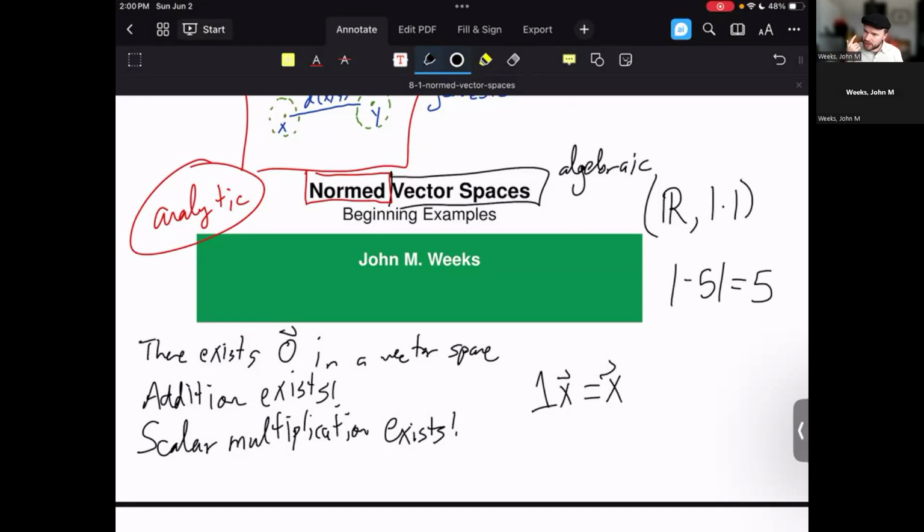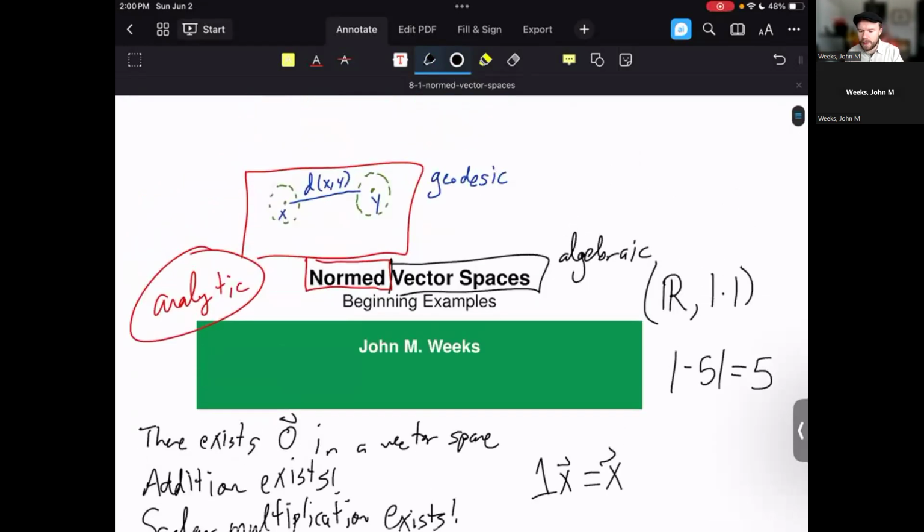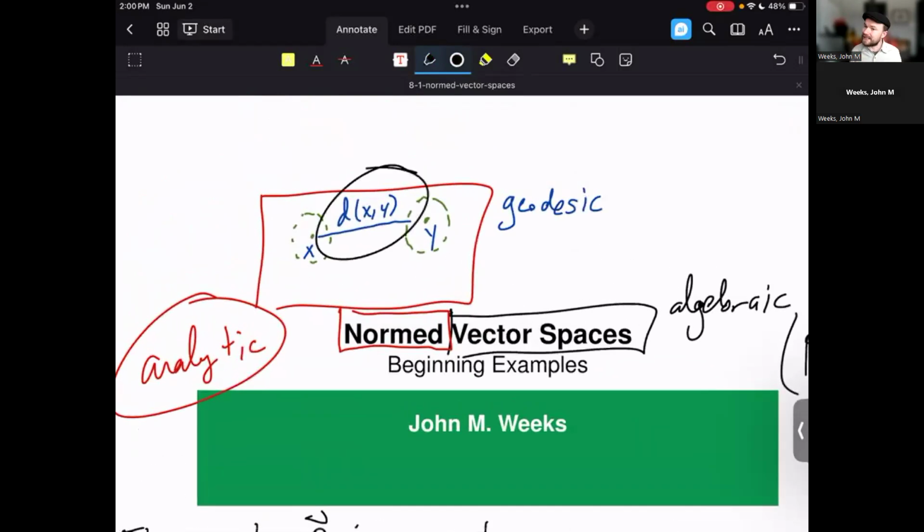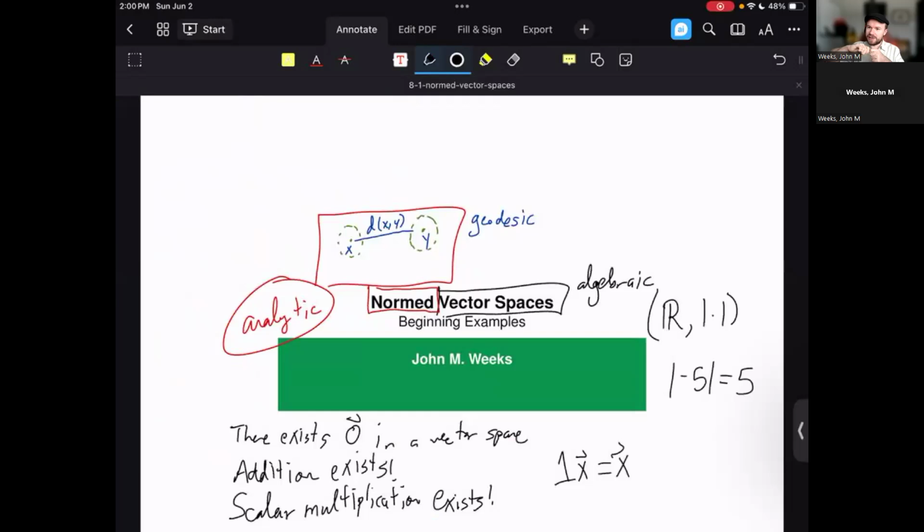Now, you might notice something about this. Giving this sort of attribution to the single number -5 does kind of feel like we are giving it a distance, a geodesic, if you would, in terms of we are measuring in particular the distance away from 0 whenever we measure this value of absolute value of -5.